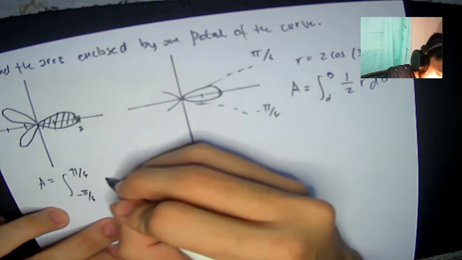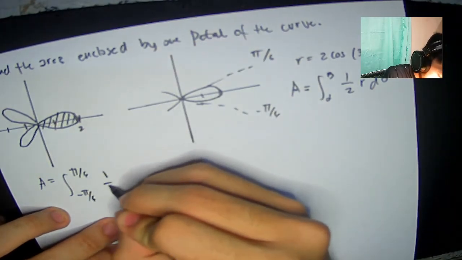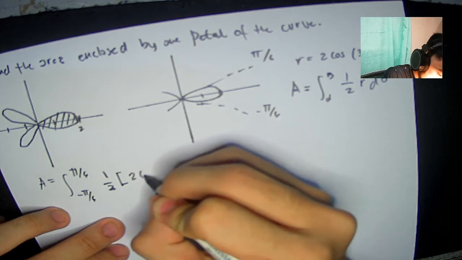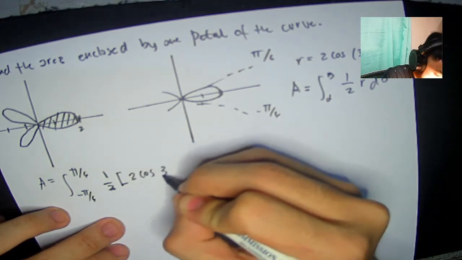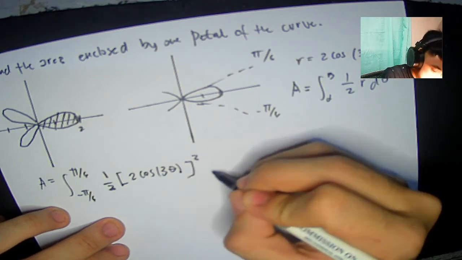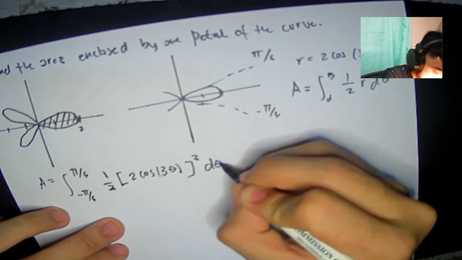So let's use this 1/2 and r. What is our r? 2 cosine 3 theta squared d theta.